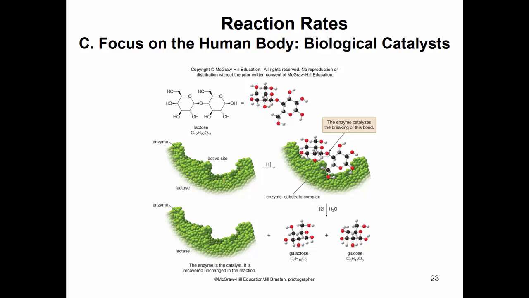You have this enzyme in your body that has a very specific active site, and lactose will bind to it, and then in a catalyzed reaction, it breaks bonds, forms new ones, and you break down the lactose into galactose and glucose.